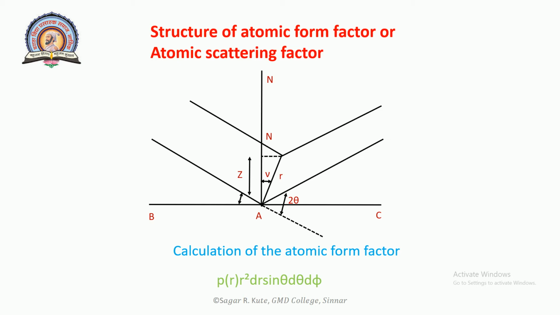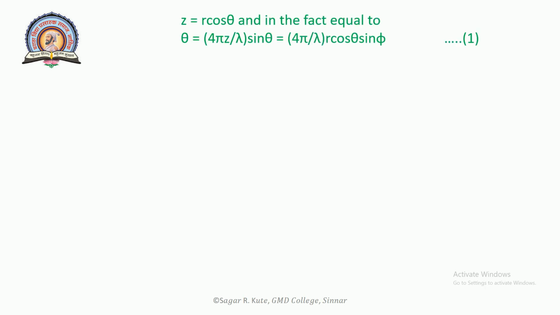Consider now the phase difference between the X-rays scattered by this element of charge and the rays that would be scattered if the same charge were located at the point A. From what we said in the preceding section, it follows that this phase difference is determined only by z, which is equal to r cos theta.